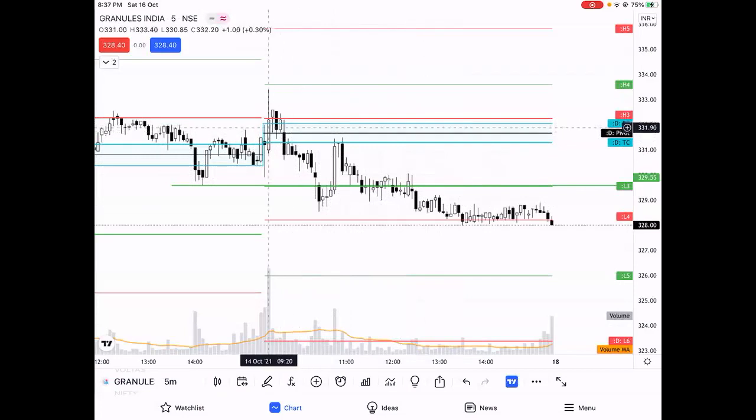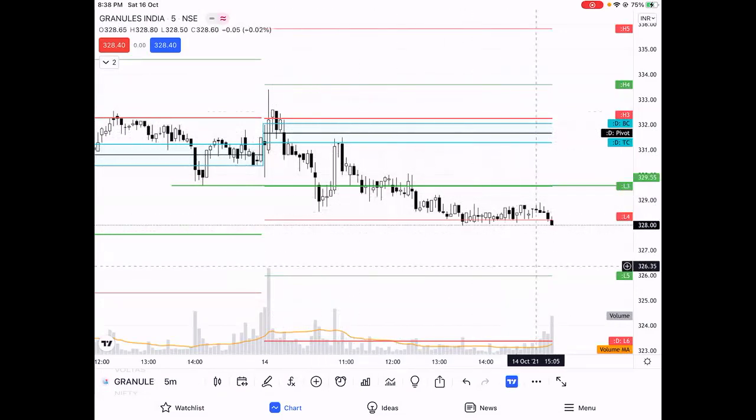When it was taken out on the upside, this would act as a support, and it did for the first three candles. It tried to support, but sellers were so dominant that they took out CPR on the downside again, right? But this time with the candle close, and now you see a resistance and again down, correct?